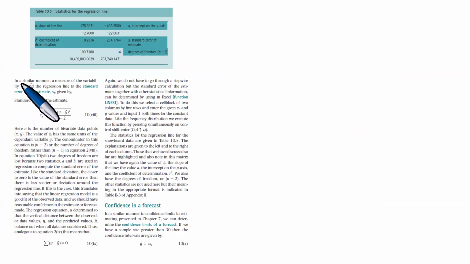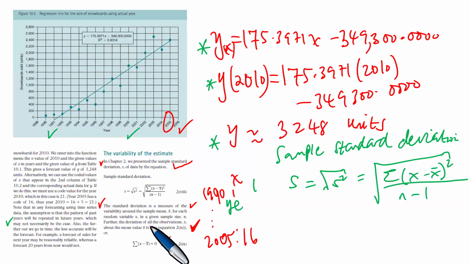Moreover, in a similar manner, a measure of the variability around the regression line is the standard error of the estimate S, and is given by this. So the measure of the variability around the sample mean is the sample standard deviation.